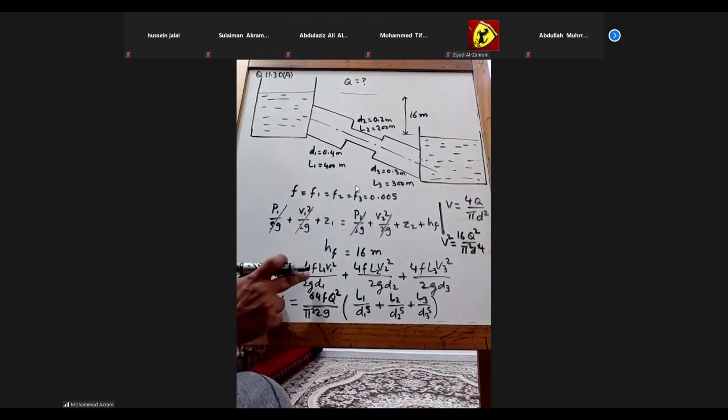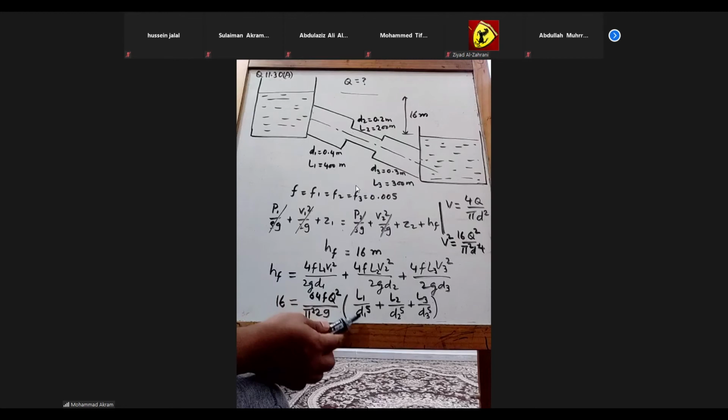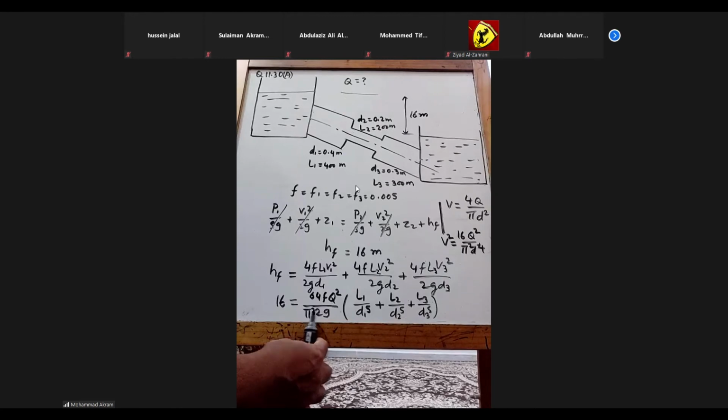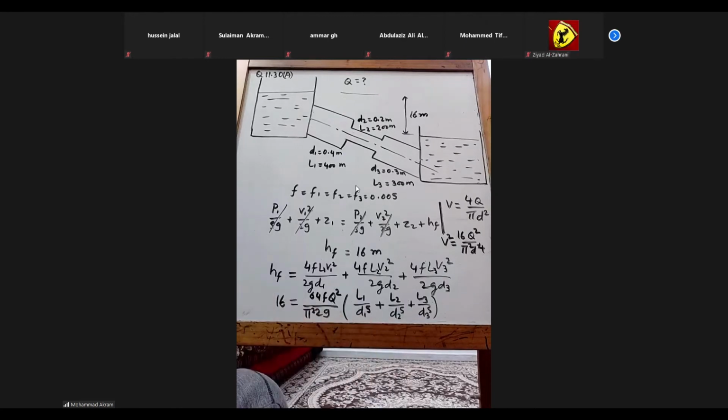This D1 to the 4 with the D1 will become D1 to the 5. 16 into 4 becomes 64. f is there, L1 and D1 to the 5 are separate, and all other things can be taken common. So please use this and calculate the value of Q.